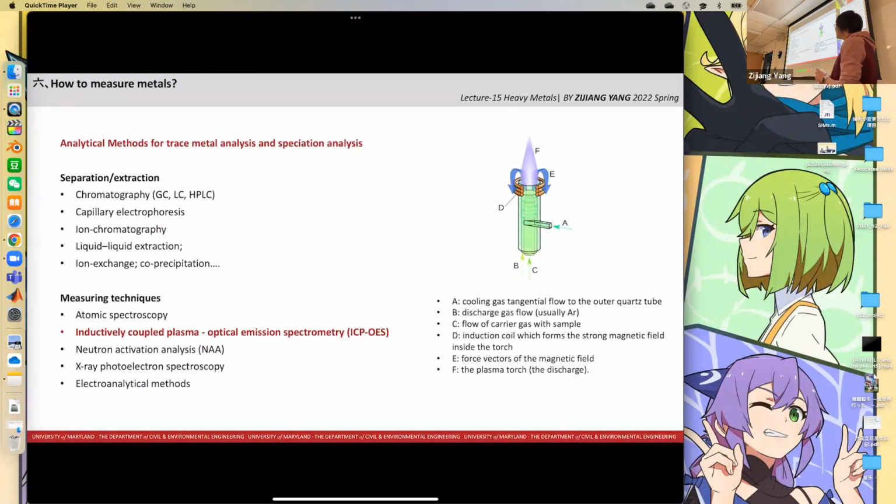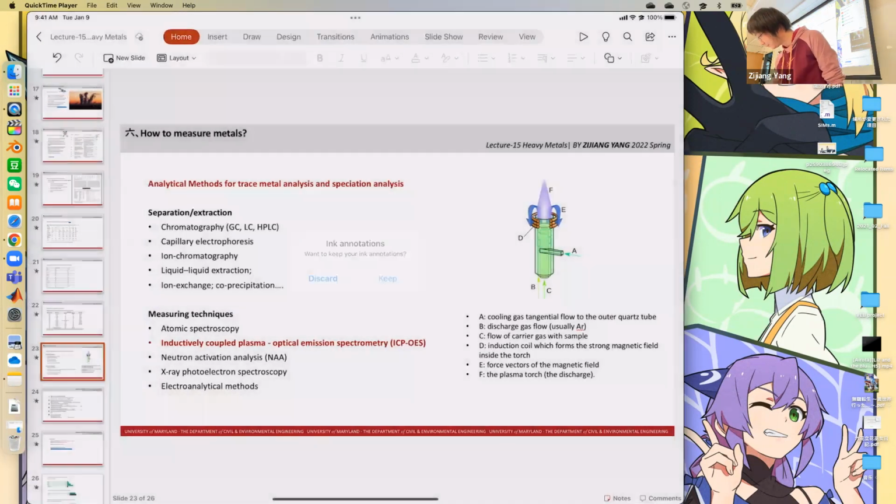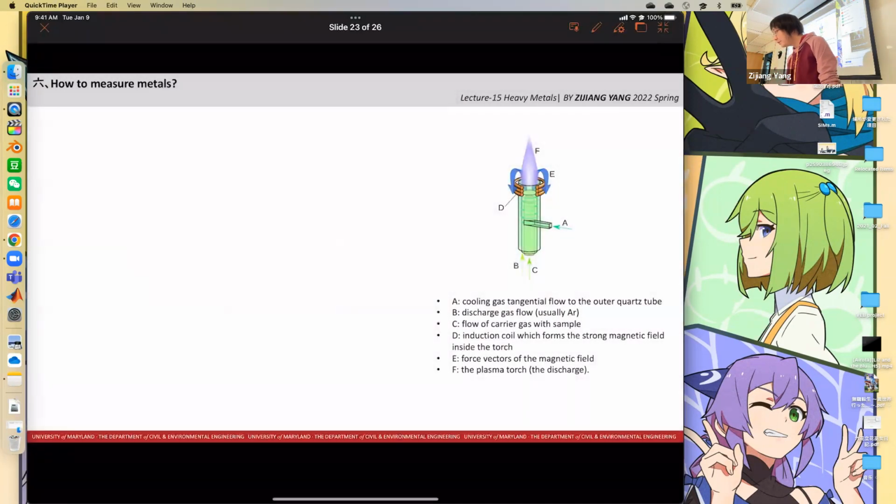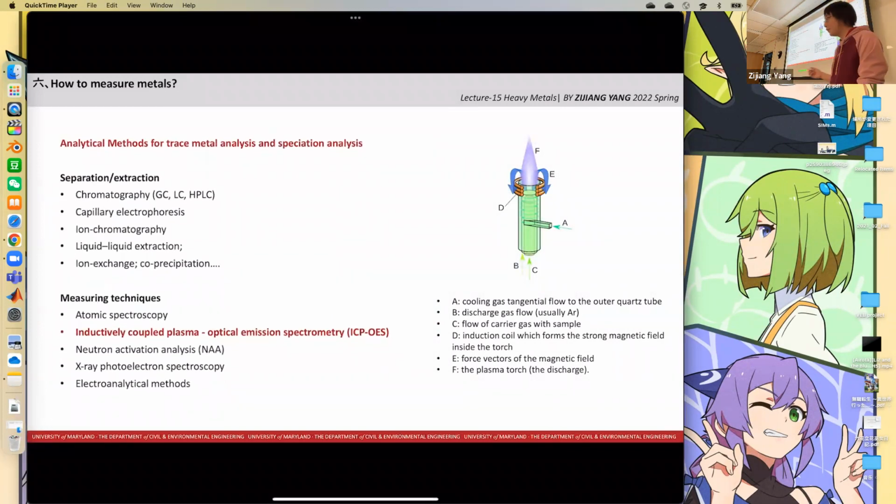The last topic is how to measure heavy metals, or metals, in the environment. In this class, we are going to use ICP. In general, we have different methods for separation and extraction, like chromatography methods, capillary electrophoresis, ion chromatography, liquid extraction, and ion exchange or precipitation.